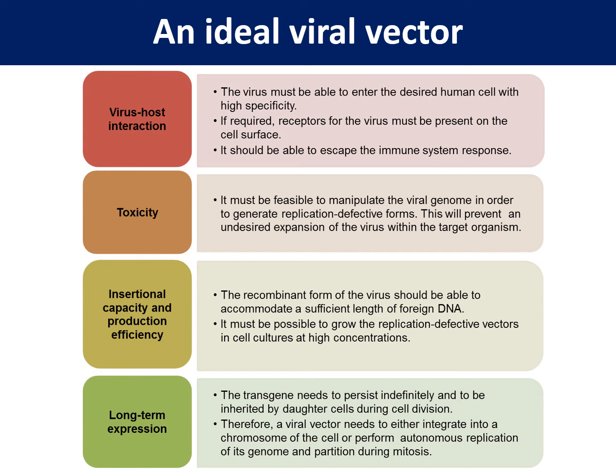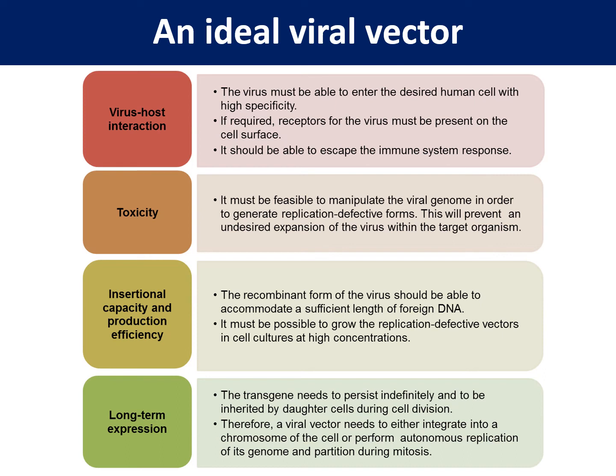If required, receptors of the virus must be present on the cell surface, and importantly, it should be able to evade the immune system response so that it will not be destroyed by the immune systems. That's the beauty of virus. Virus has some unique mechanism to avoid being recognized by the immune systems, which can cause infections. So this is what we want to utilize to make it into a gene delivery system.